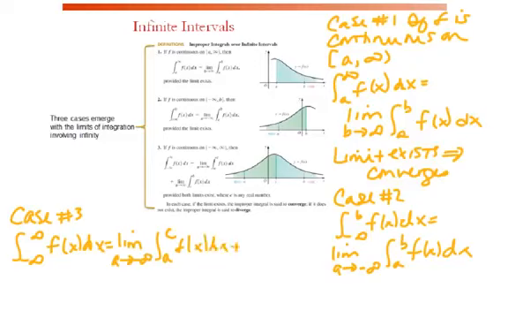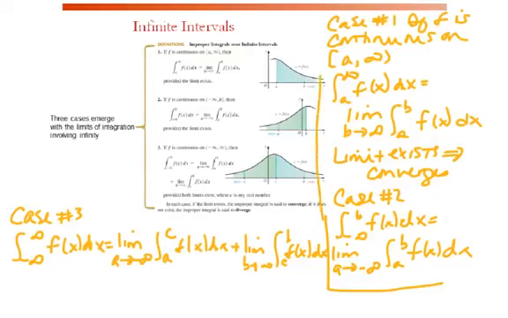And then we're going to add to it the limit as b goes to infinity of the integral from c to b, f of x dx. These are the three cases. Both limits have to exist for this to converge. So both limits need to exist for convergence.